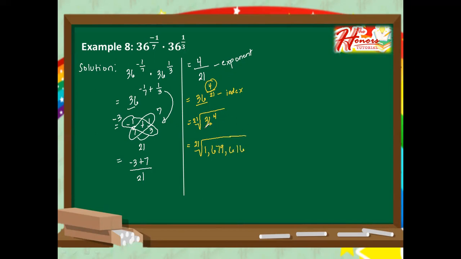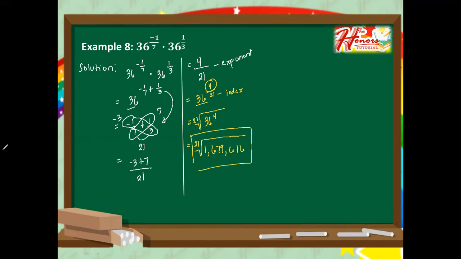But we cannot simplify it because there's no whole number that is 21 root of 1,679,616. So this is the answer already.